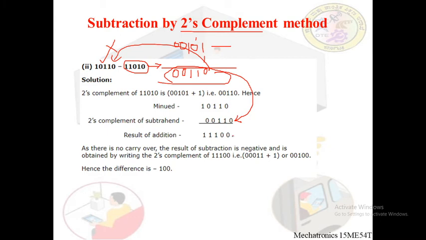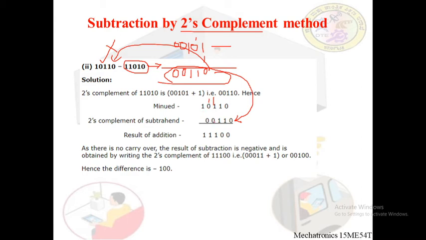Now let us add bit by bit. 0 plus 0 is 0. 1 plus 1 is 0, carry of 1. 1 plus 1 is 0, it generates a carry 1. That 0, answer 0 when added with 1 becomes 1.